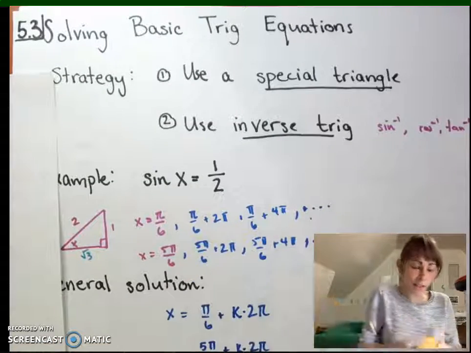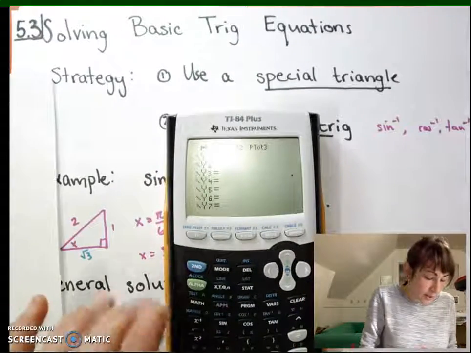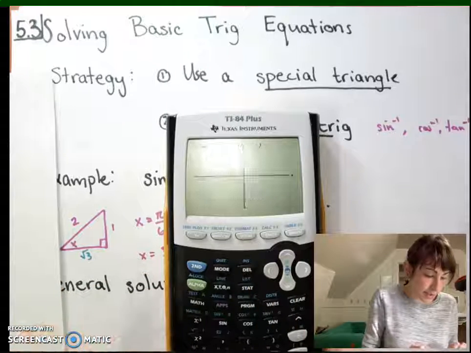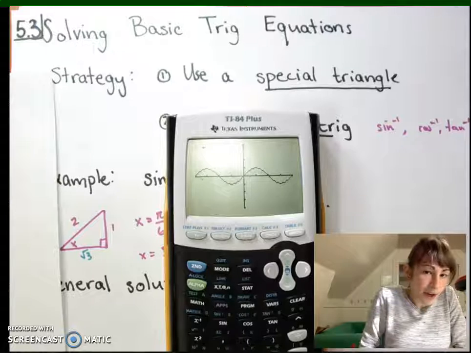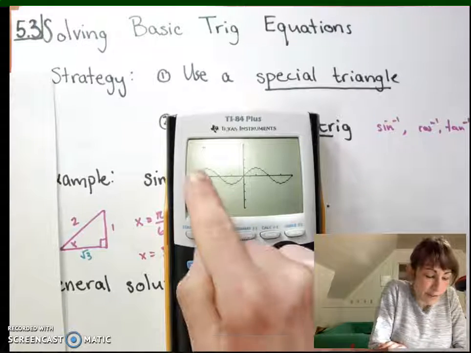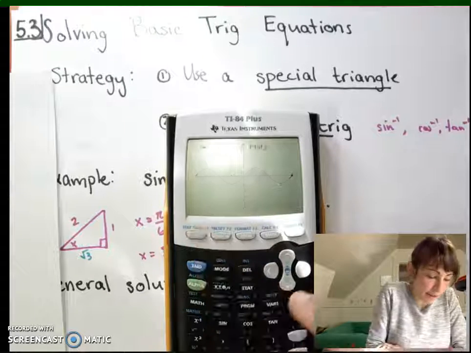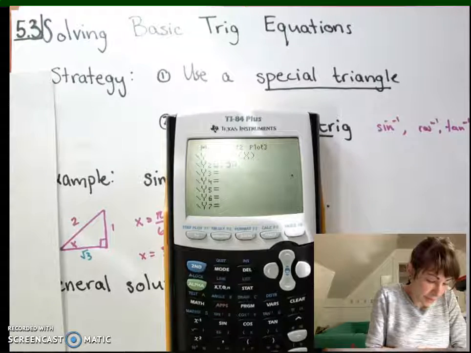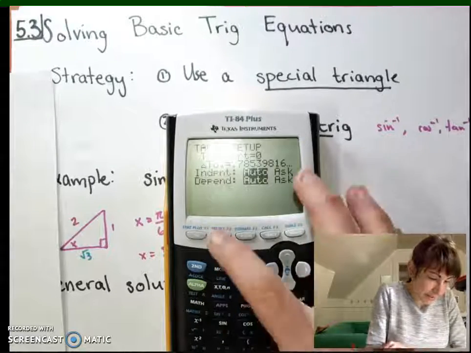So let me just give you another quick calculator demonstration of why this is true. So let's say we graph sine of x, and it looks something like this. Now if I want to know where sine of x equals 1/2, I want to know when this graph is hitting 1/2. So let's graph the line y equals 1/2. And I'll change my window just a little bit so we can see it better.